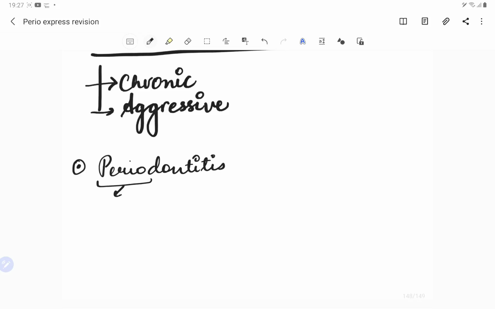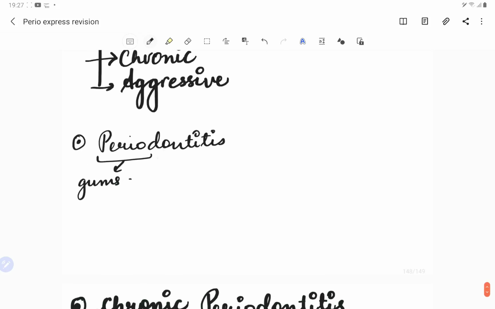Perio means it is related to the gums, and dont means teeth. Itis means inflammation.